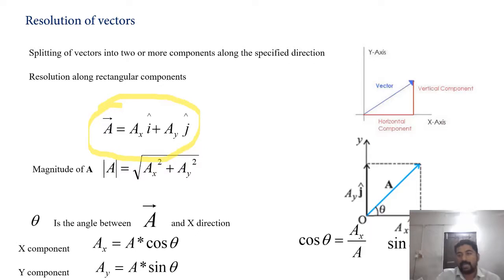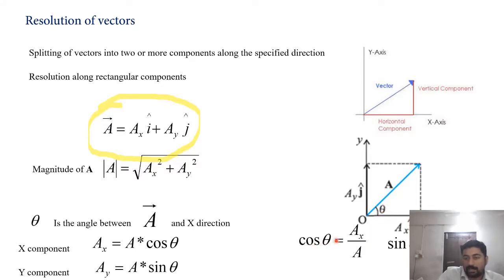So there is an angle here. This is the angle created with the x component. Theta is the angle the resultant vector makes with the x component. But then what are the x component and y component? If you want to know the x component, you can use trigonometry.